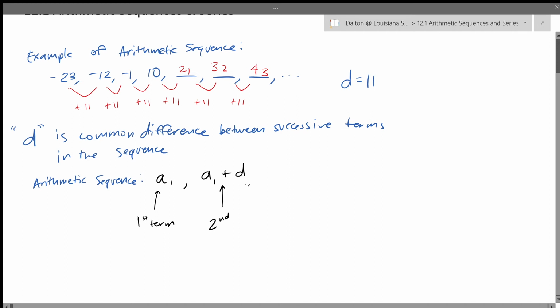To get the third term, you would take your first term and add 2 times the common difference to it. And then your fourth term would be a sub 1 plus 3 times the common difference. And this would just continue. Of course, yes, each one of these is technically the term before it plus the common difference.